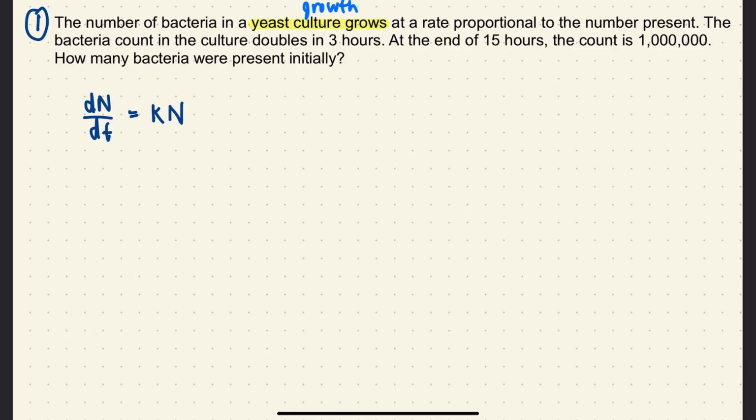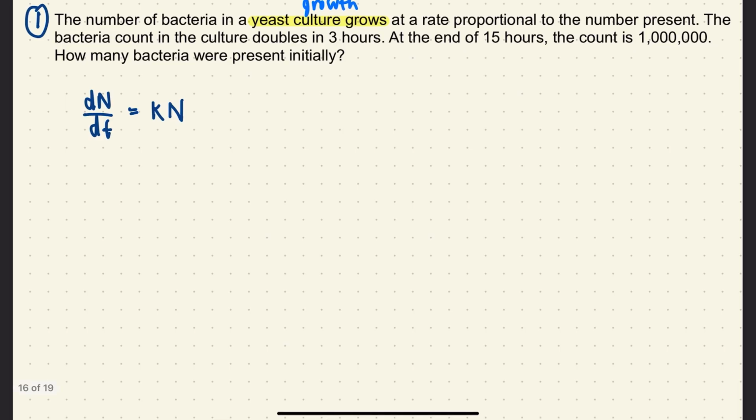To solve this differential equation, we can use separation of variables. So we will multiply both sides by dt, and then we divide both sides by n.